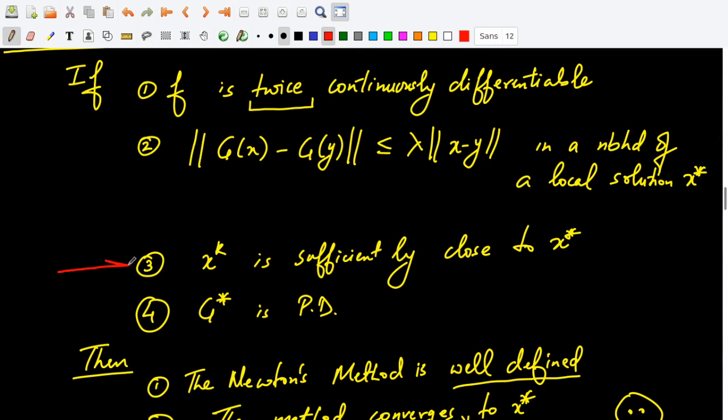We don't really know x star, so how can we choose an initial point which is close to x star? So there are some ways around each of these difficulties, and we will discuss them now.